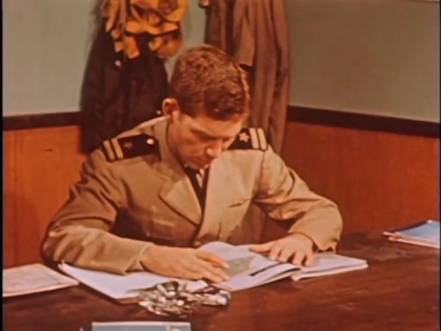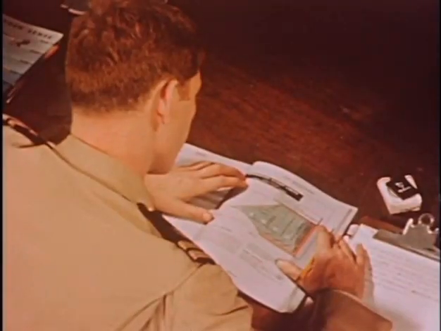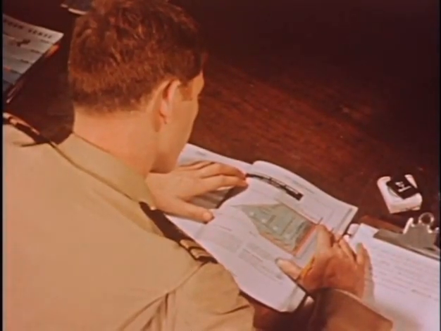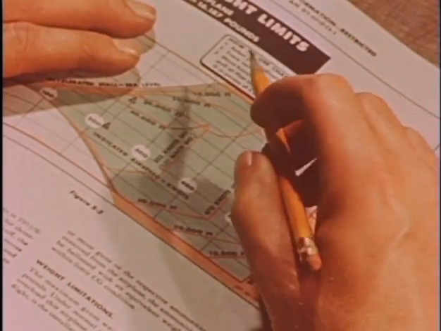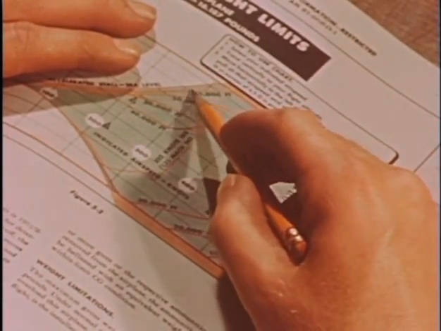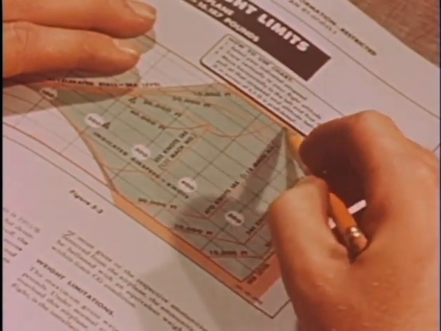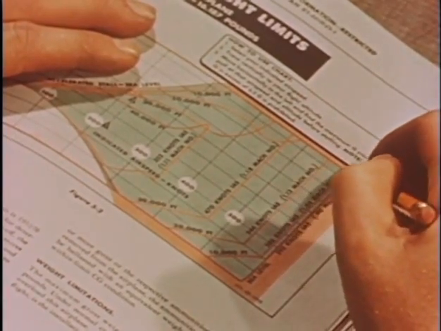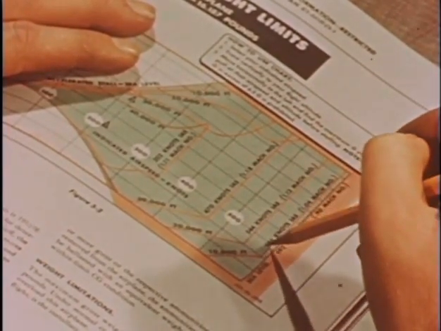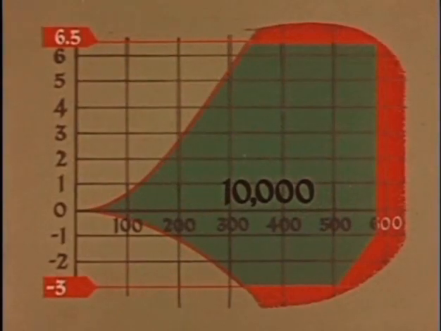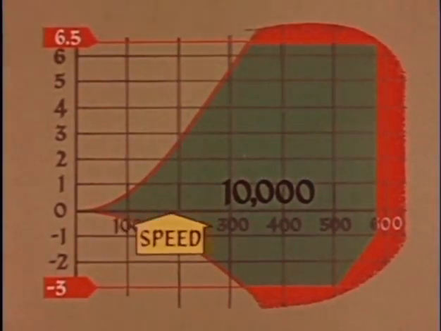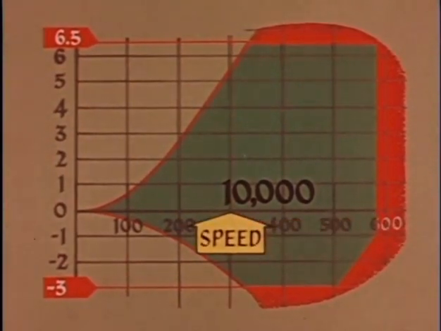Now let's take a close look at those VN diagrams and cover each item point by point. Using the combat weight of the FJ2, approximately 16,500 pounds, the VN diagram for 10,000 feet looks like this. Each line has a meaning. This line stands for indicated airspeed.